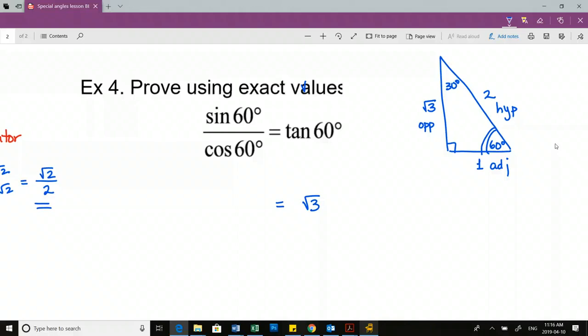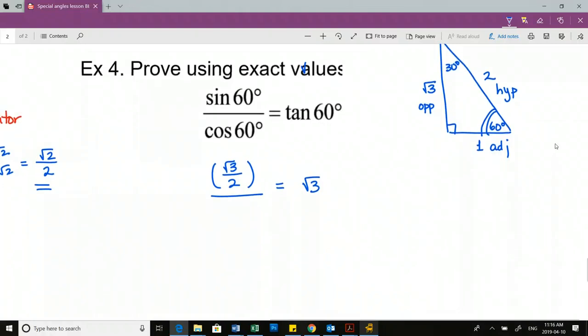Okay, what about sine of 60? Natalie? √3/2. Very good. Did you think that's what I was starting with? And cos of 60? I need adjacent over hypotenuse in my triangle. Cos of 60 is 1/2. Very good.